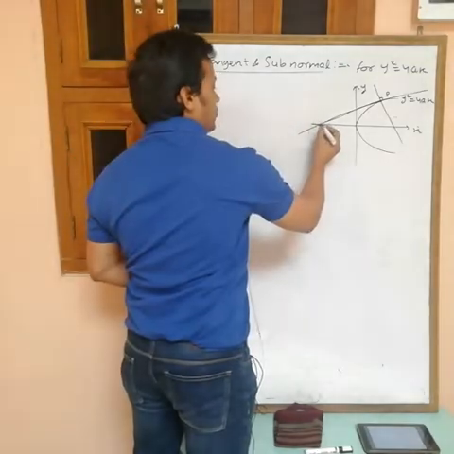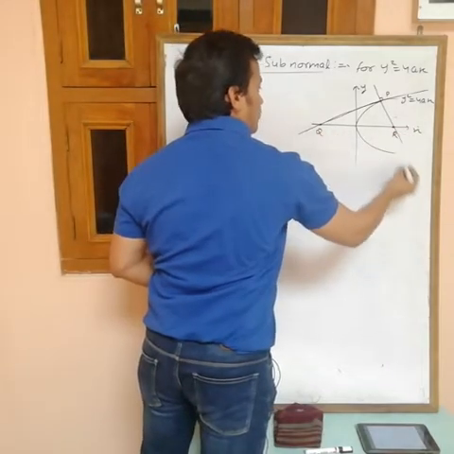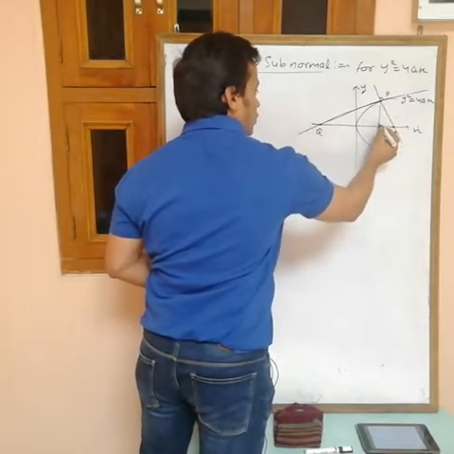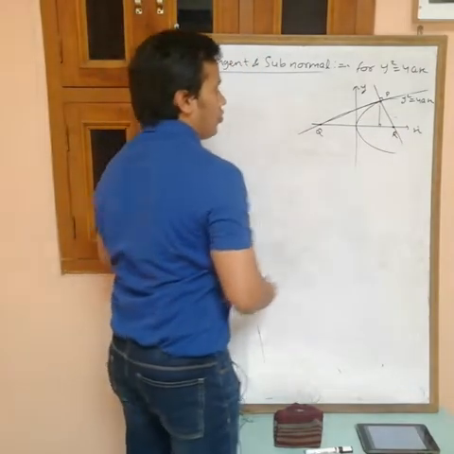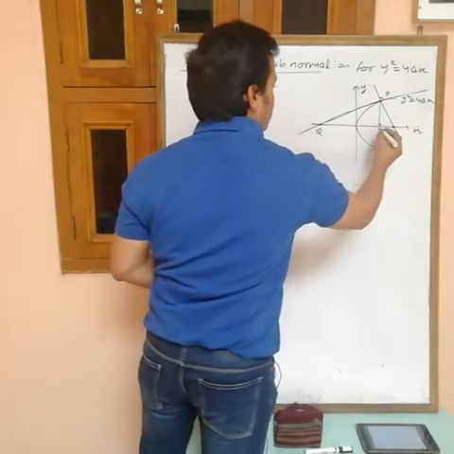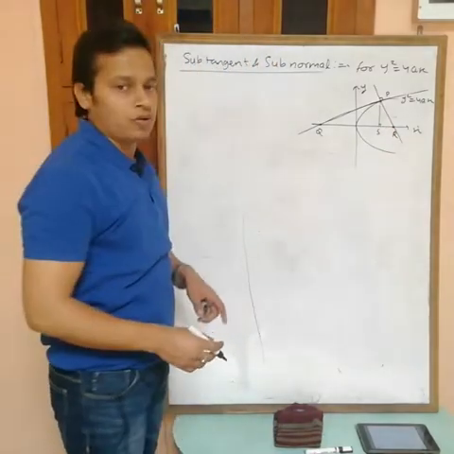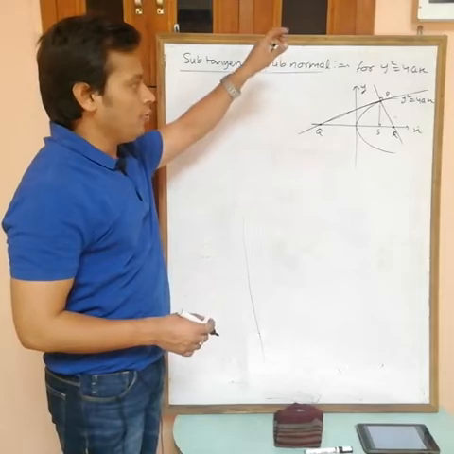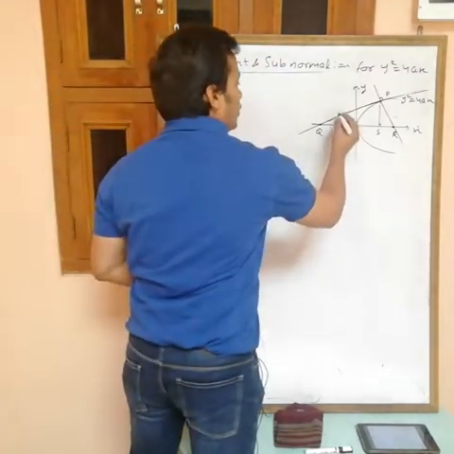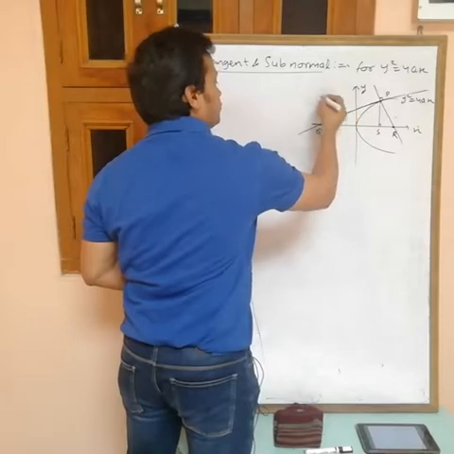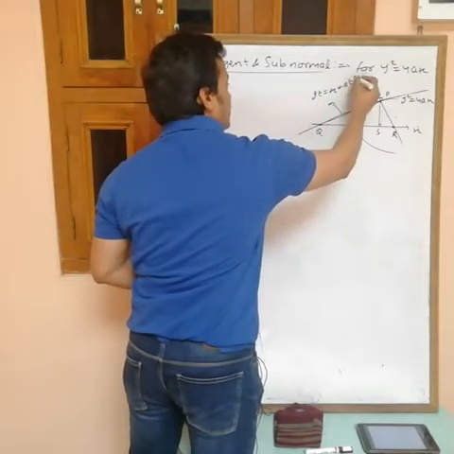Let this point of intersection be Q, this one is R, and the foot of perpendicular from P on the x axis is suppose S. This S is not the focus, this is the foot of perpendicular from point P. Now the equation of tangent is yt equals to x plus at square.